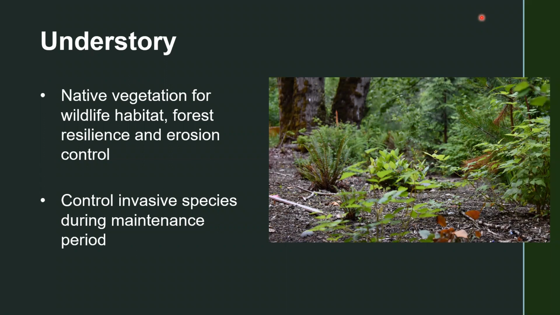A diverse collection of native plants in the understory is going to provide better habitat, more habitat complexity in the long run. And so that's what we're aiming for, again, to make this forest more resilient when we're done.